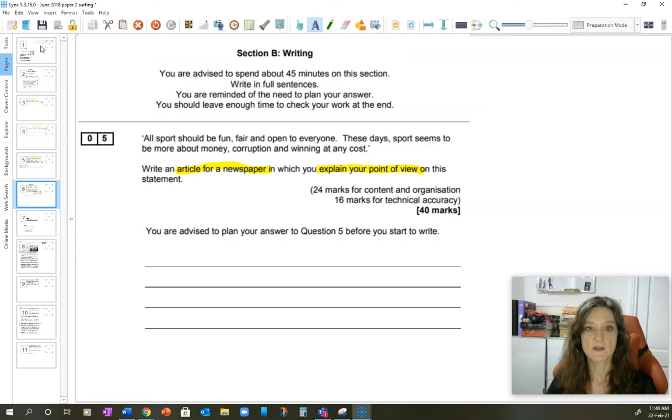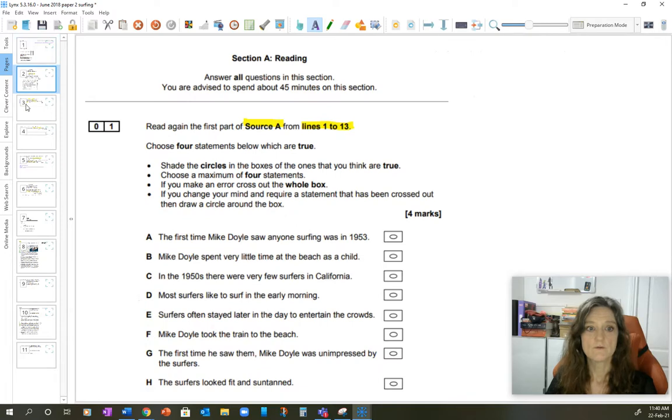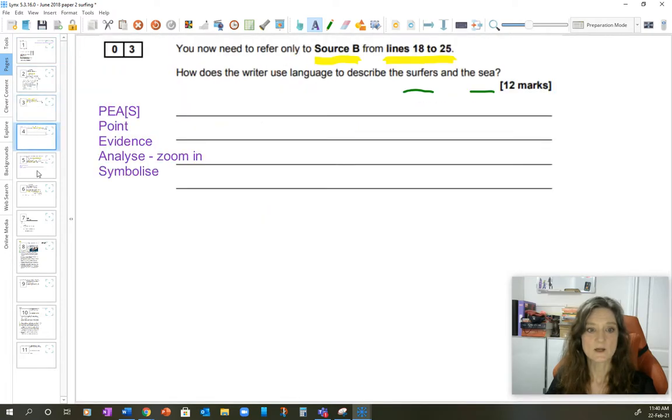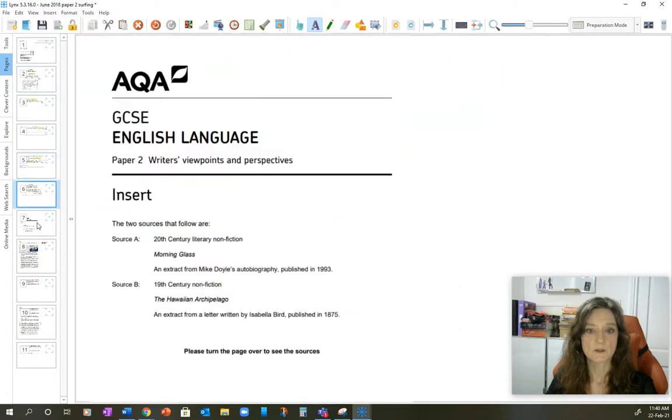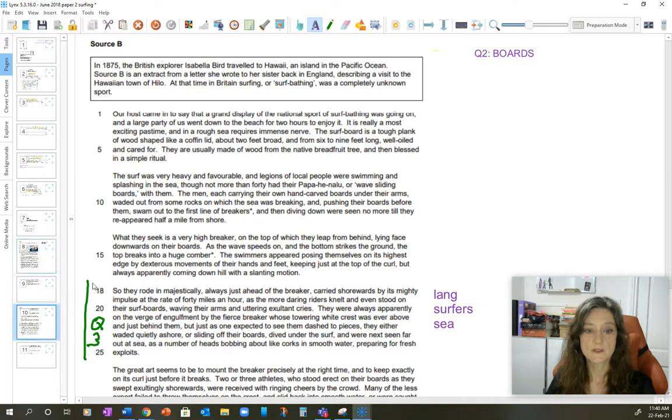So there we have it. We've read through all the instructions at the beginning. We've read through and annotated up each question so we know what's coming. And the bits where we have to look at specific lines, we've also got those annotated up. So there's no excuse for using the wrong source or analysing the wrong lines or summarising the wrong bit.